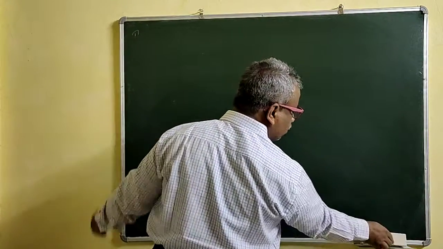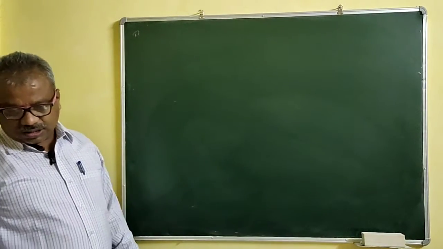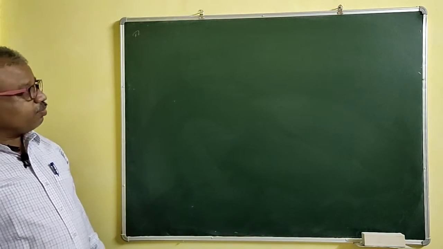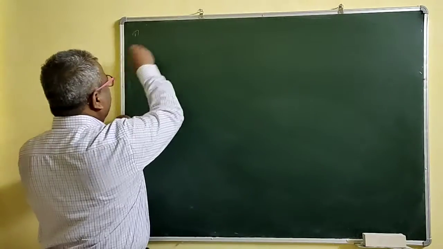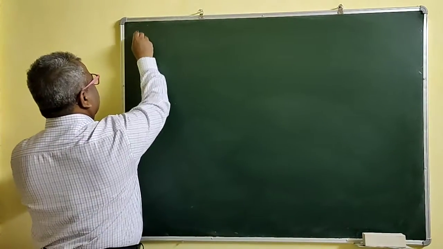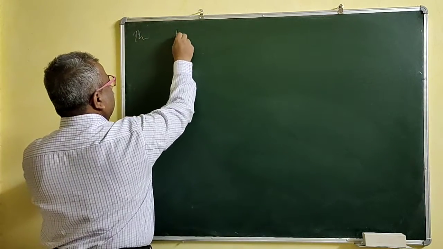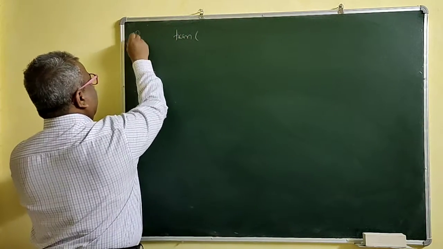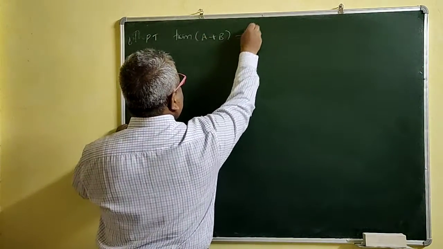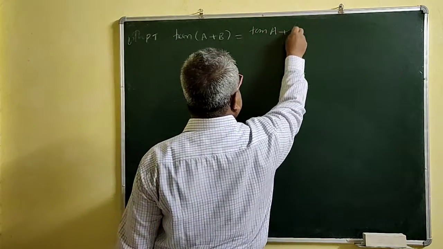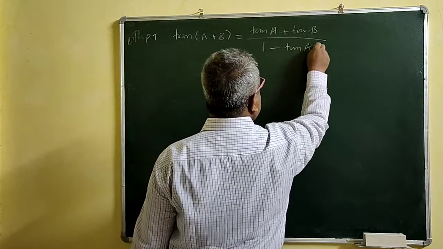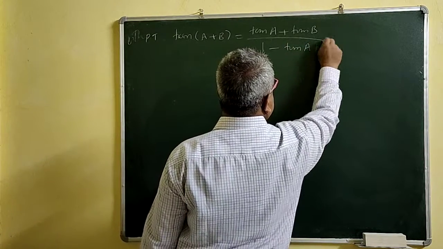Because we have the formulas for cos A plus B and sin A plus B. We will directly derive the formula for tan A plus B. So prove that tan A plus B is equal to tan A plus tan B upon 1 minus tan A tan B. We'll prove this one.